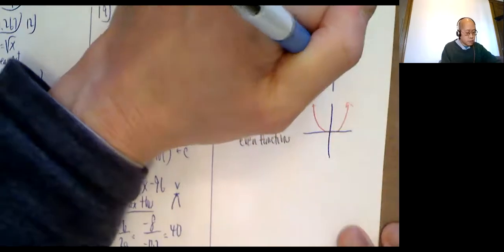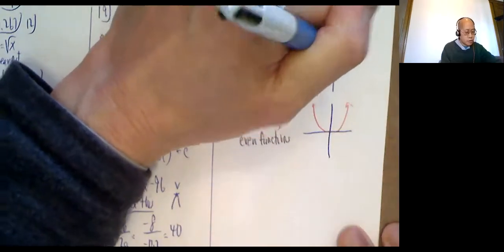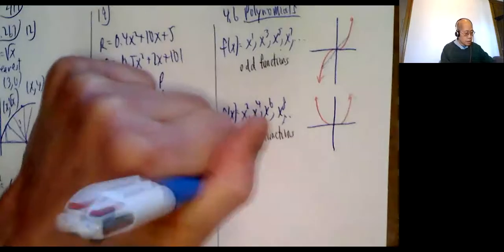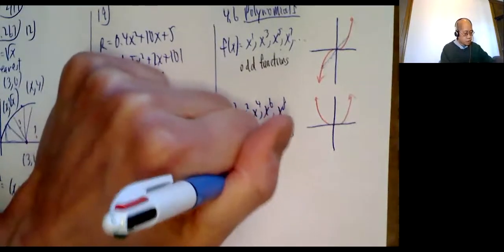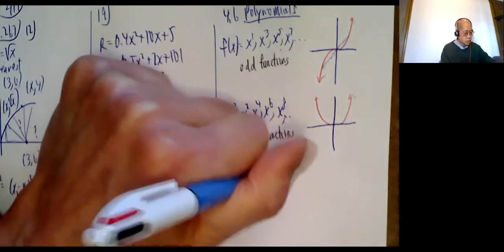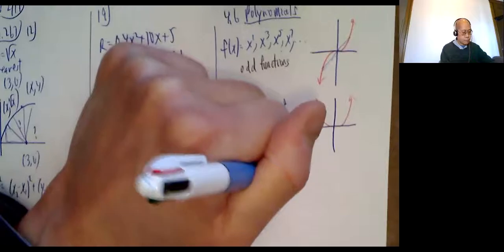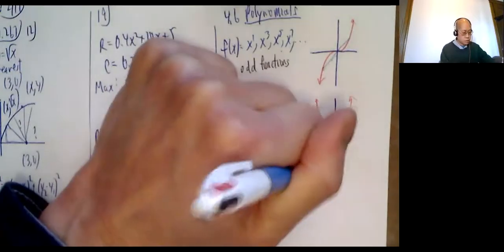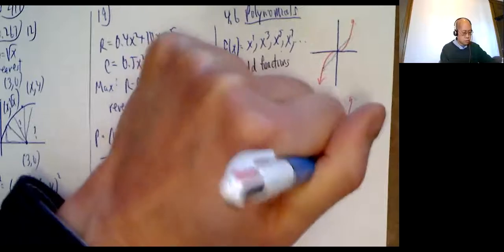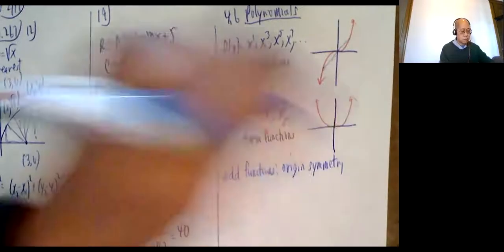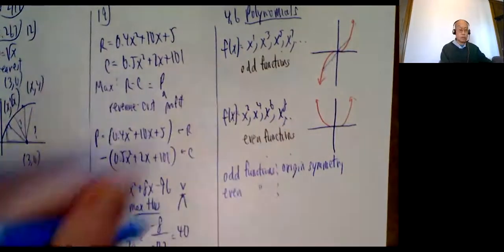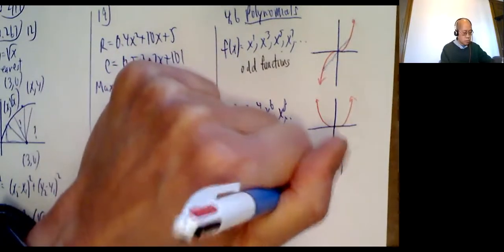Odd functions, we have symmetry with respect to the origin. Okay, so odd functions, origin symmetry. Even functions, y-axis symmetry.